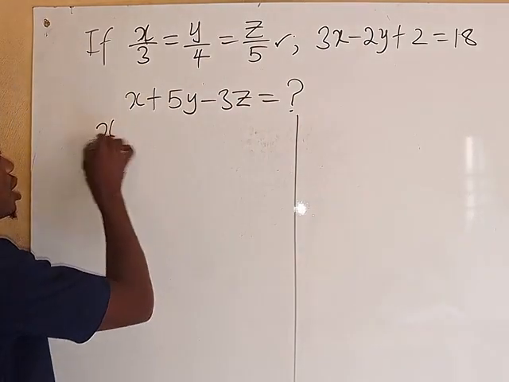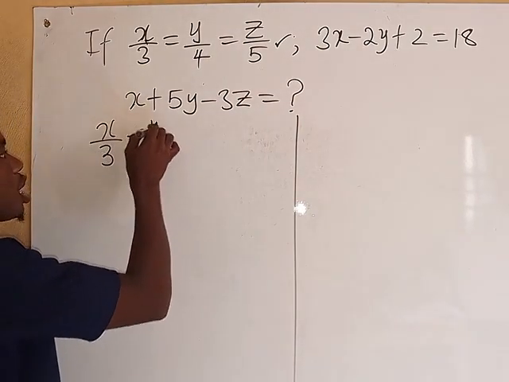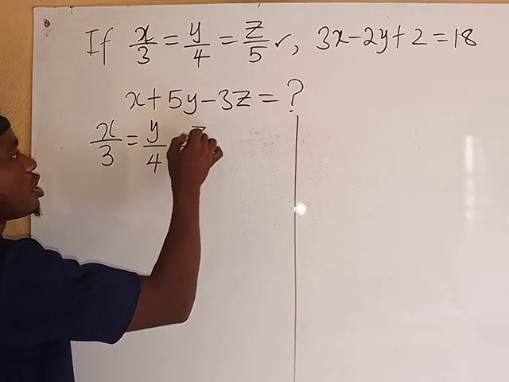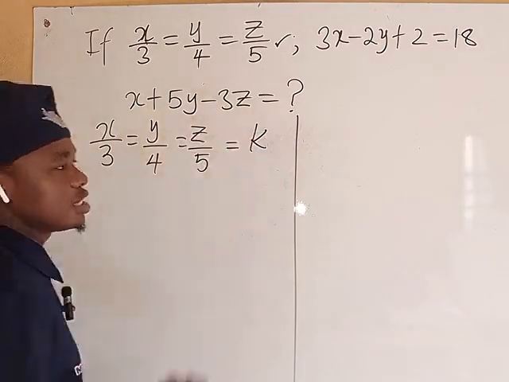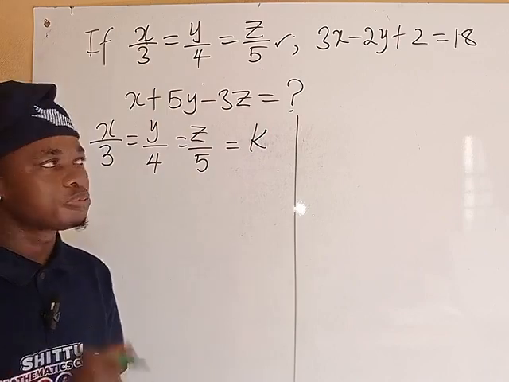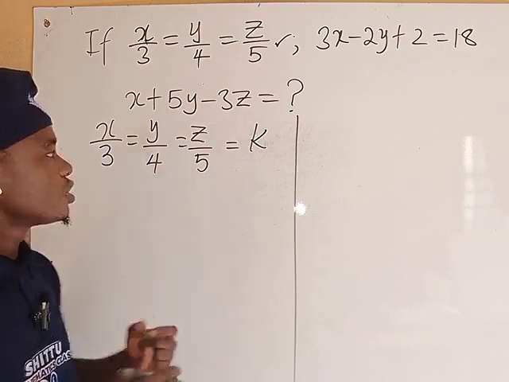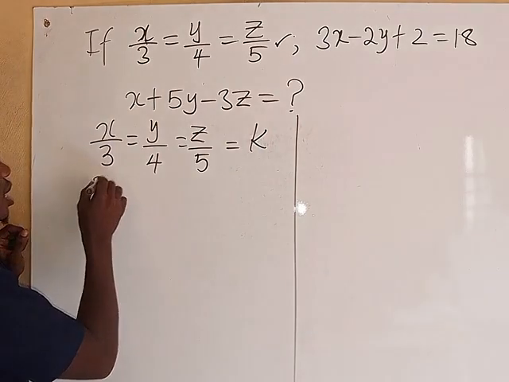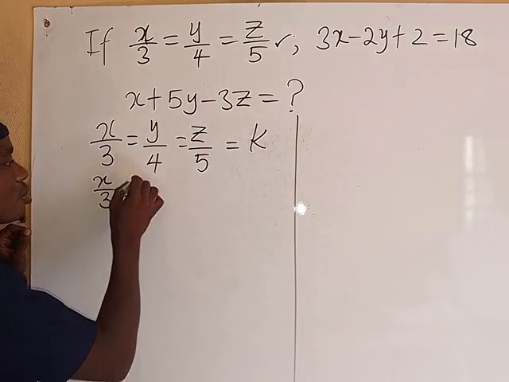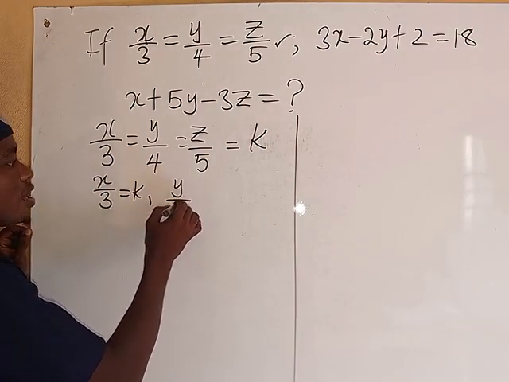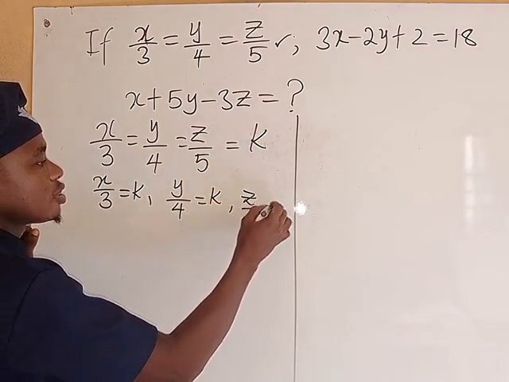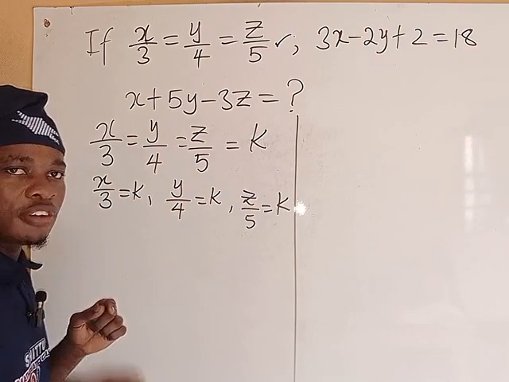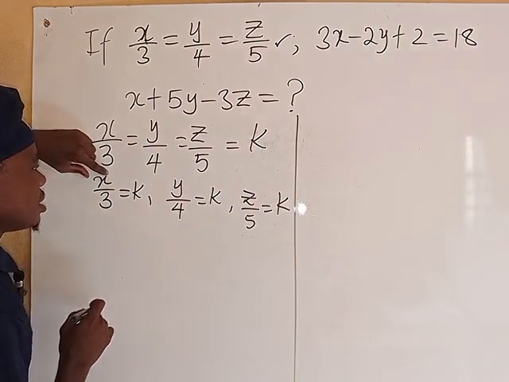That is, x over 3 equals y over 4 equals z over 5, which equals k. Now if this is k, we can set x over 3 equals k, y over 4 equals k, and z over 5 equals k.